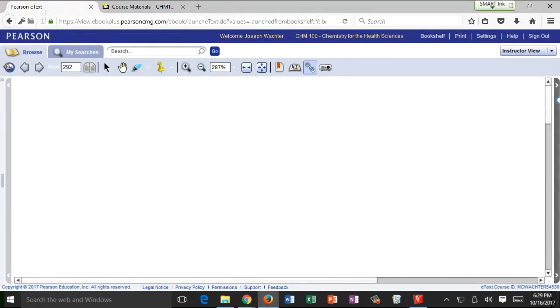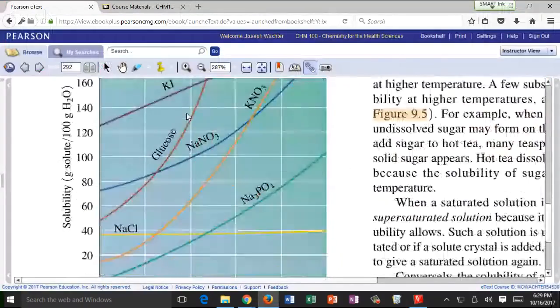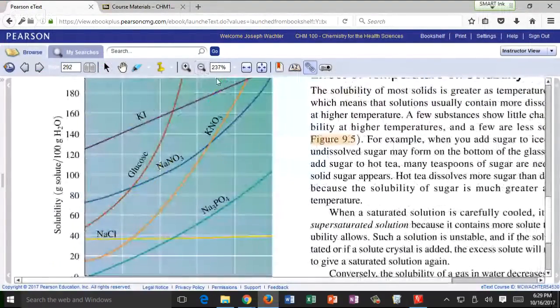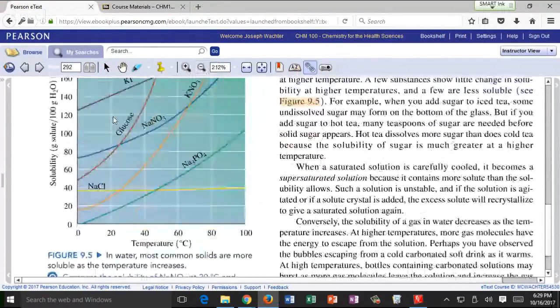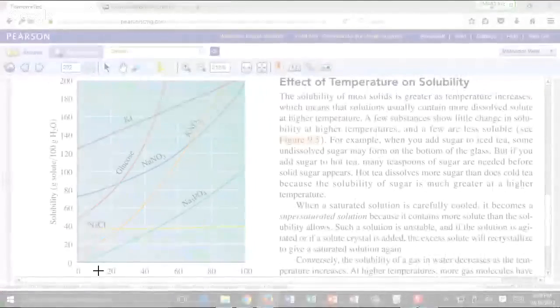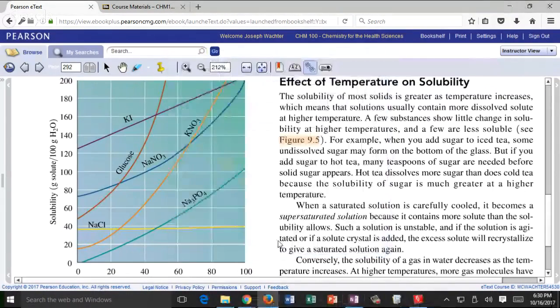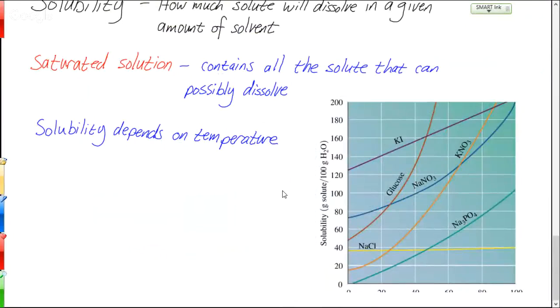So if we look at this, this is what we call a solubility plot. And we're actually going to make one of these experimentally on Wednesday.